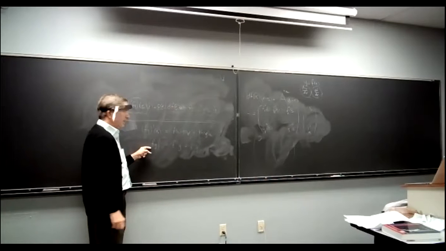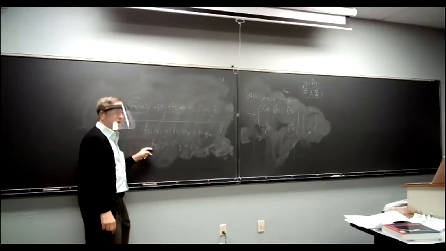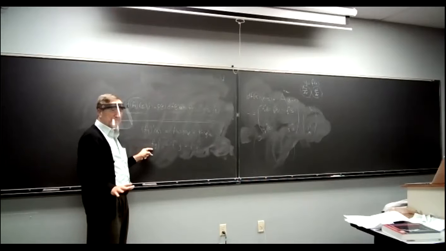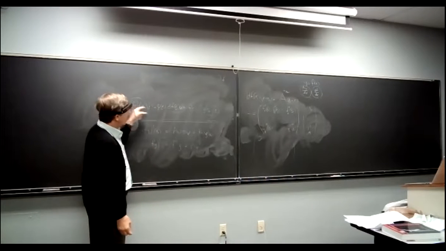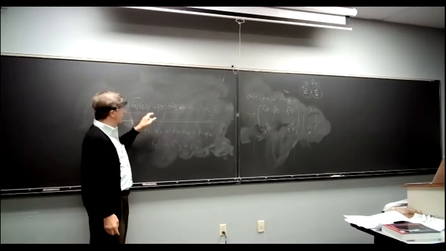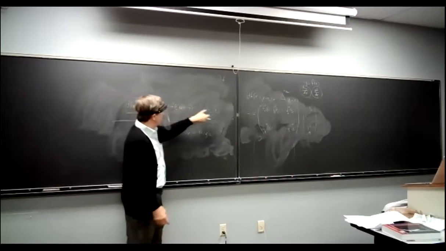This is writing the product rule without variables. And this is now writing the product rule with variables because I stuck the x in the appropriate places.